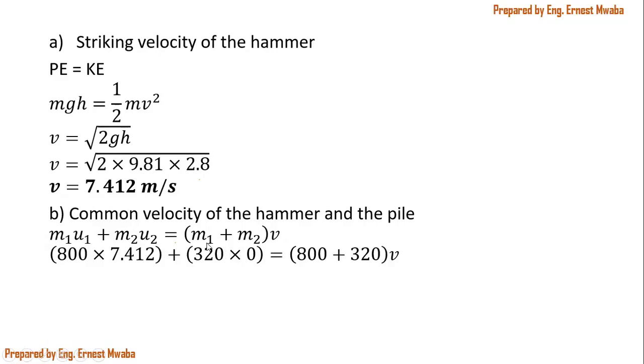Equals, then we add the two masses, 800 plus 320 kg. Then we make v the subject. So after all this work, the velocity drops down to 5.294 meters per second. So you remember the principle of momentum dealing with inelastic collisions. That's the principle we've used here, and that's our answer.